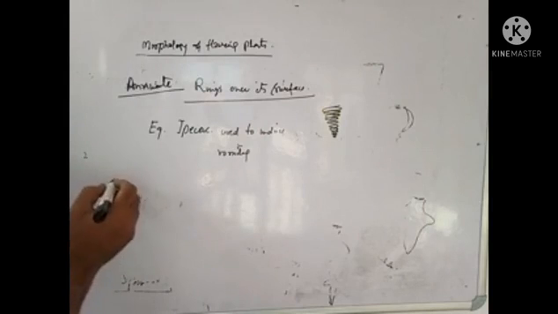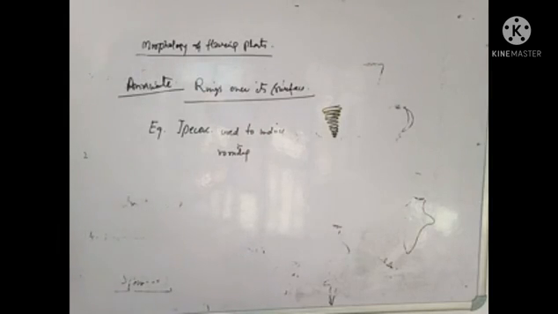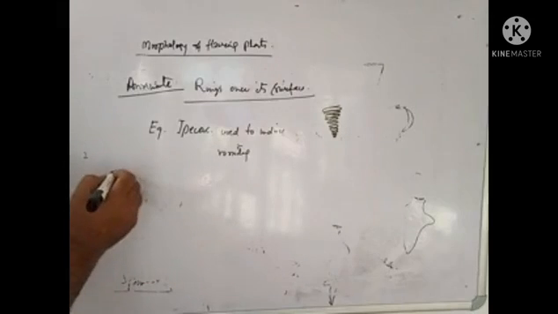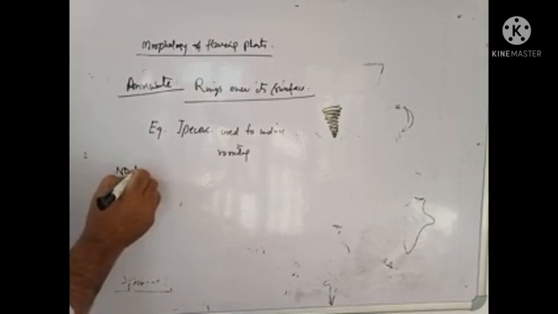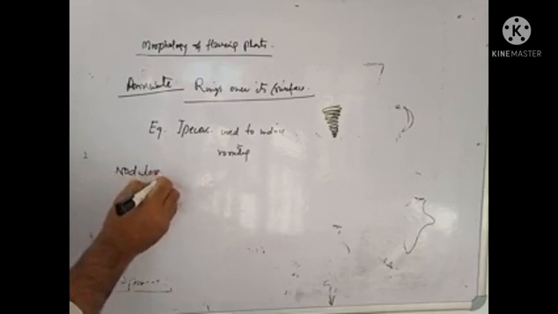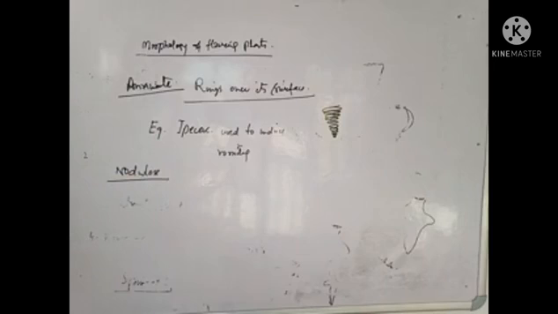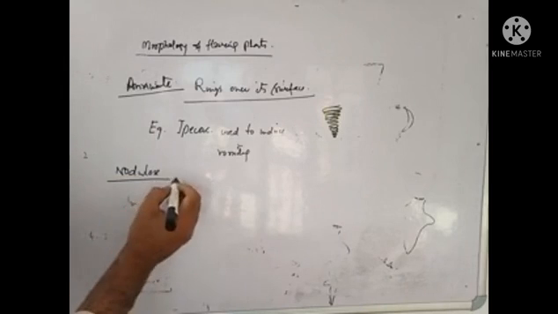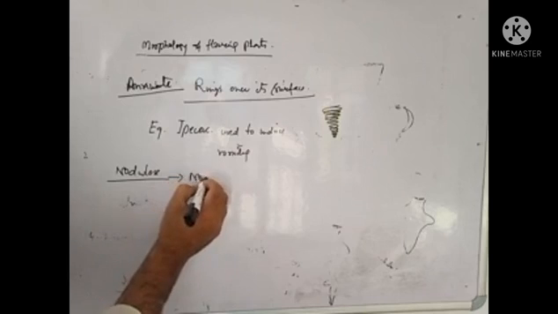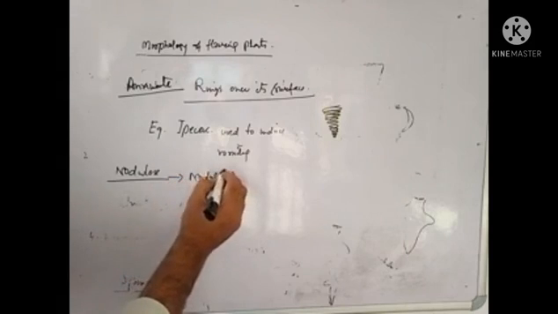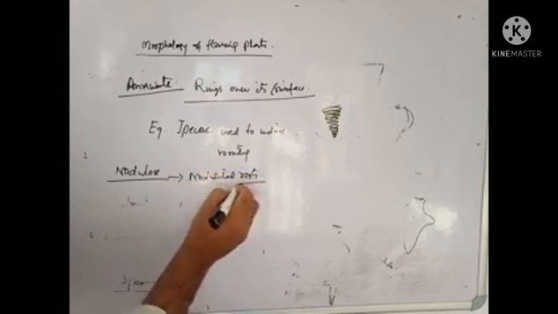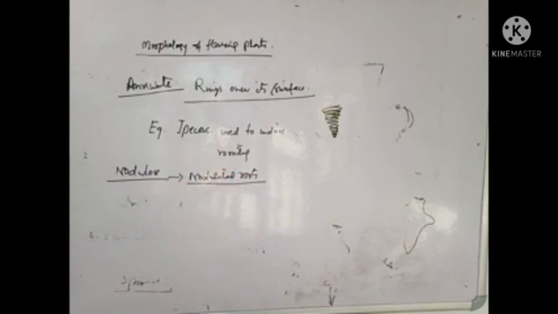And one more modification is nodulose. Nodulose roots have structural similarity with nodulated roots; we can say they are homologous to the nodulated roots.